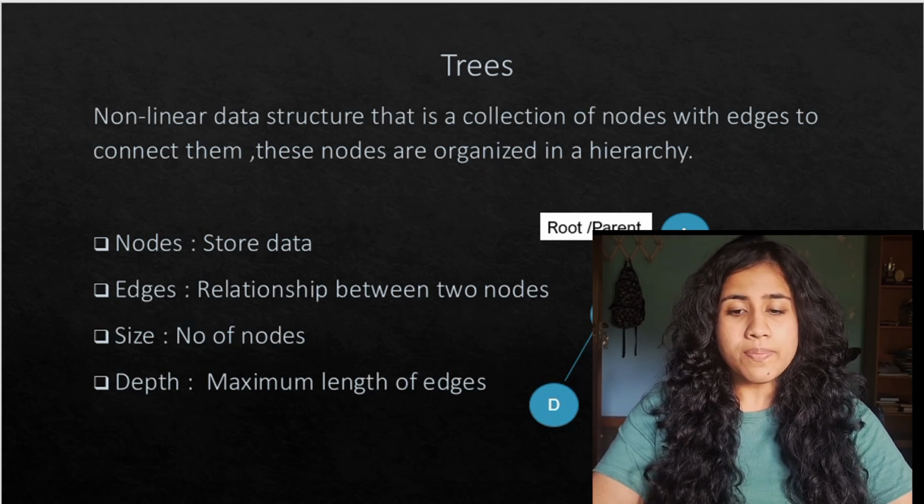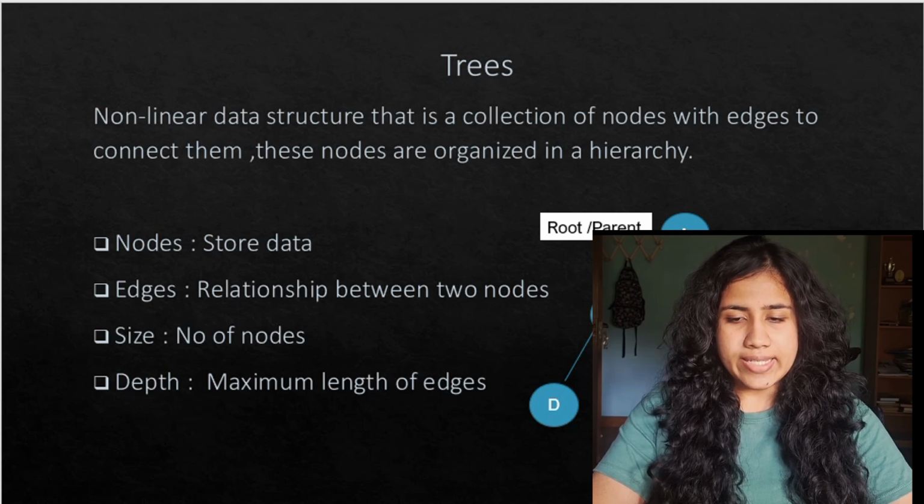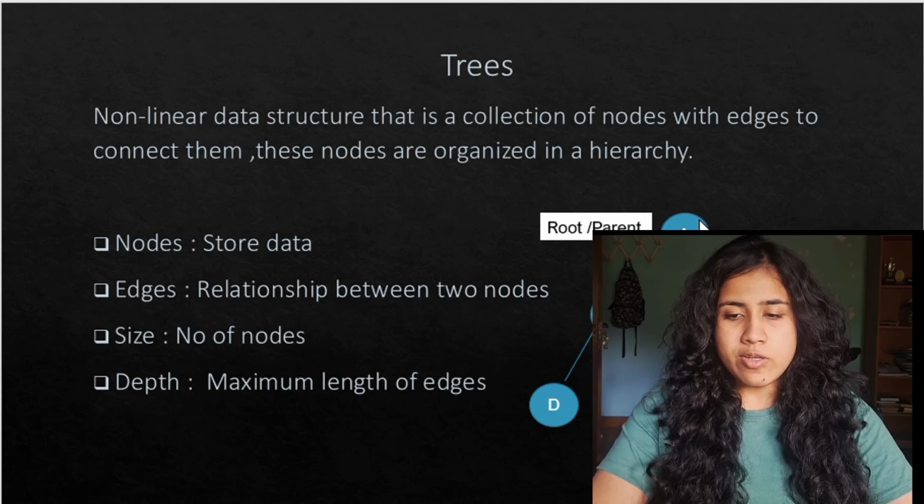So now we can call B a parent since it has two children, D and E. It can be called a parent node, and here C also has a child, so it also becomes a parent.